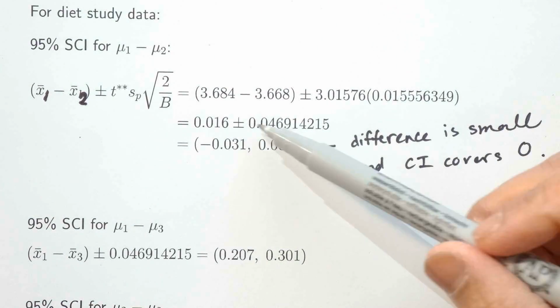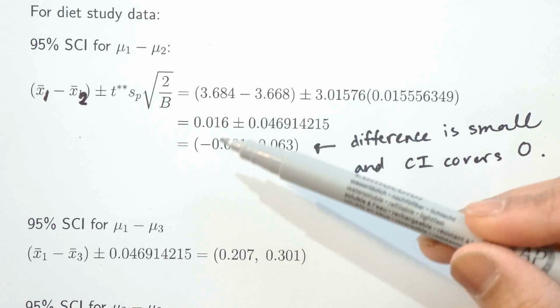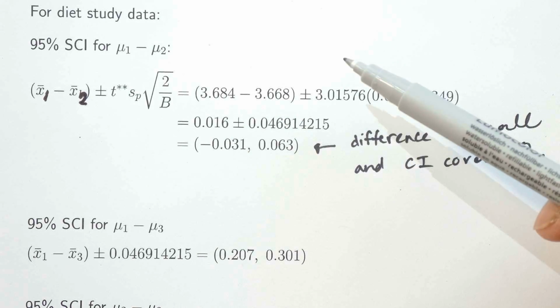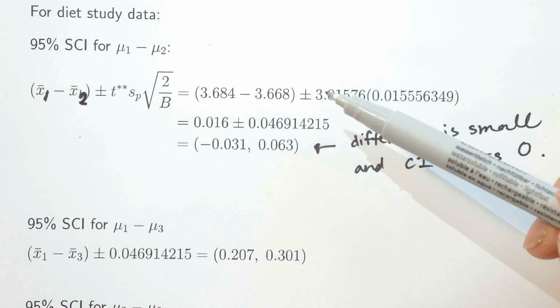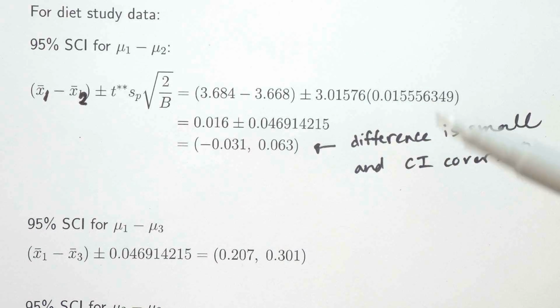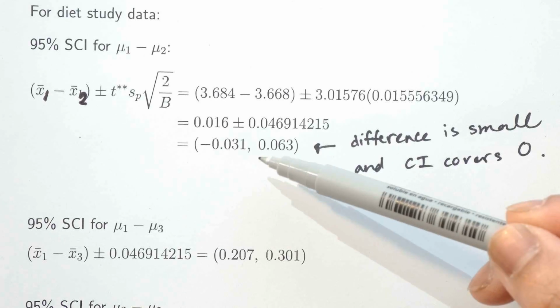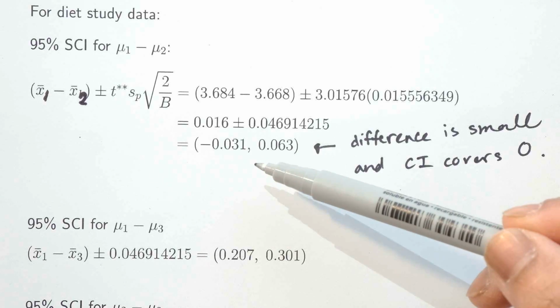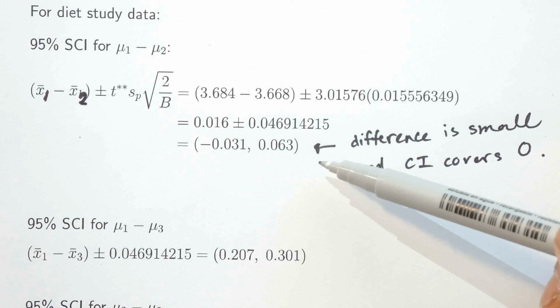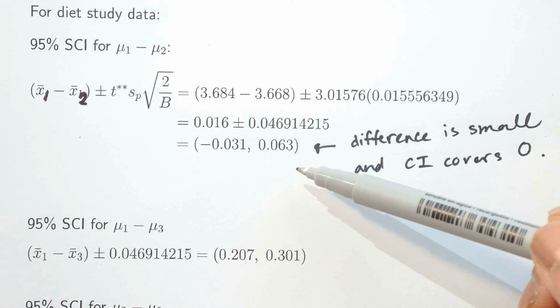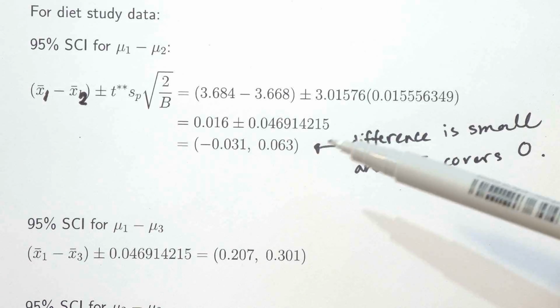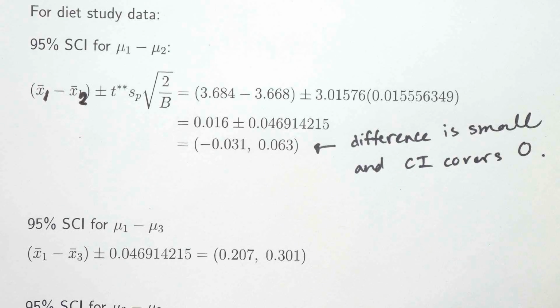So this is giving us another picture of not only is it not significantly different because it covers 0, but also it's actually not that big a difference. Remember, we're talking about pounds, so it's minus 0.031 pounds up to 0.063 pounds is what the estimated difference is between the two new diets.